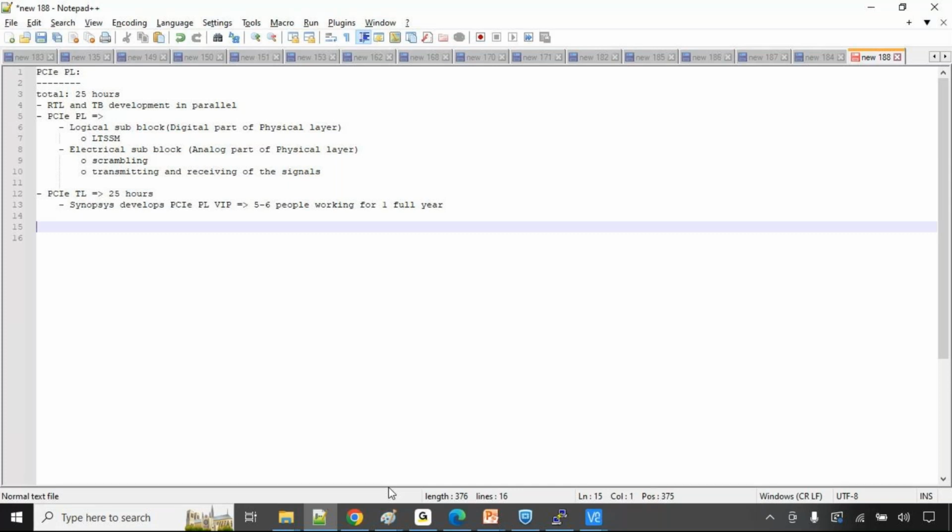At the end of this course, you'd have understood how the physical layer interfaces with the data link layer at both the transmit and receive interfaces, how the physical layer logical subblock interfaces with the pipe at the transmit side and receive side, how it handles the incoming packets, and how it handles the packets coming from the pipe.